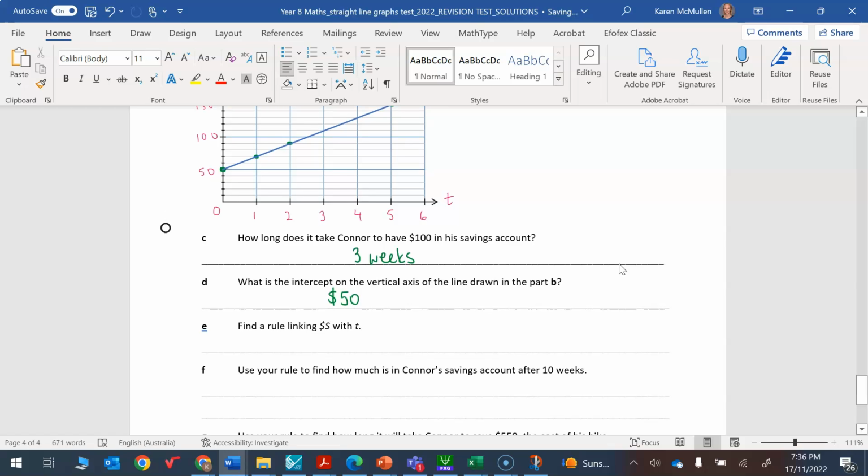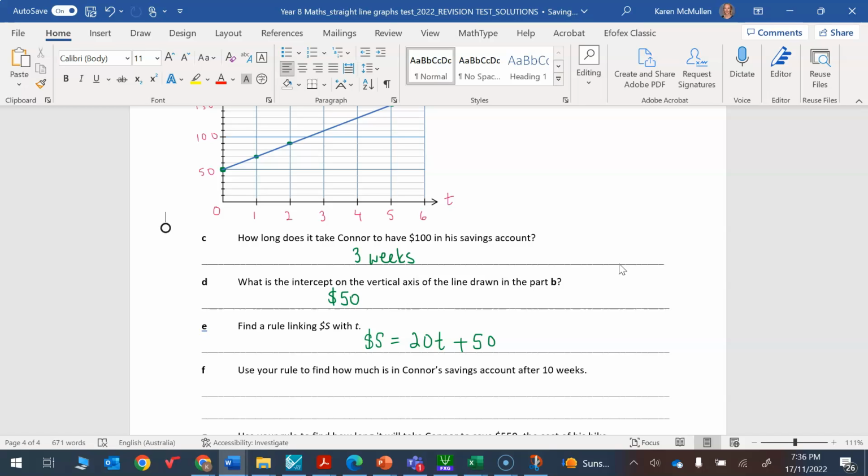So the rule, we're not going to use X and Y. We're going to use dollars, or S dollars is equal to 20T plus 50. So this just means I can substitute any value for T, so the number of weeks, to work out how much dollars I have in my savings account.